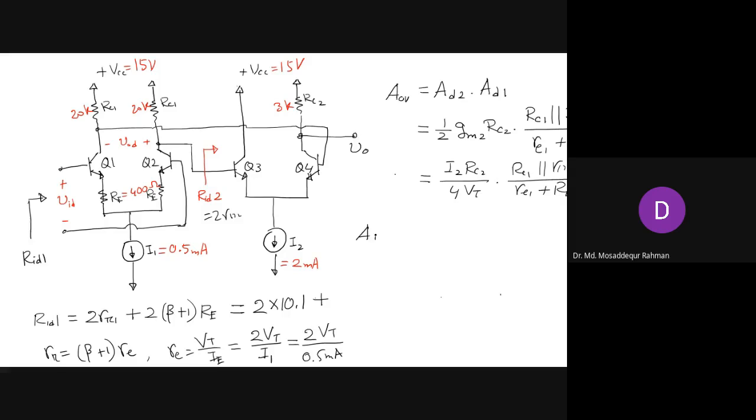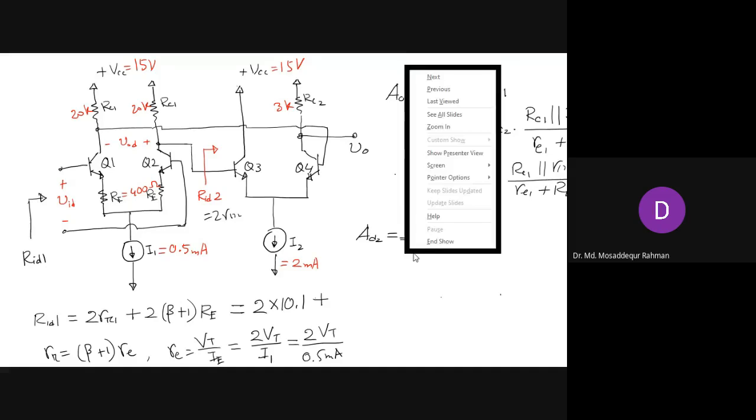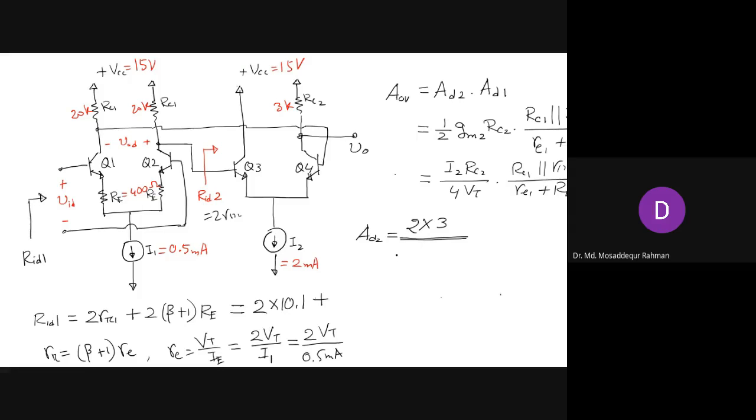So the differential gain for the second stage: I2 is 2 milliampere, RC2 is given 3, and that divided by 4 times VT, we have 25 millivolt, which in volt is 0.025, right?